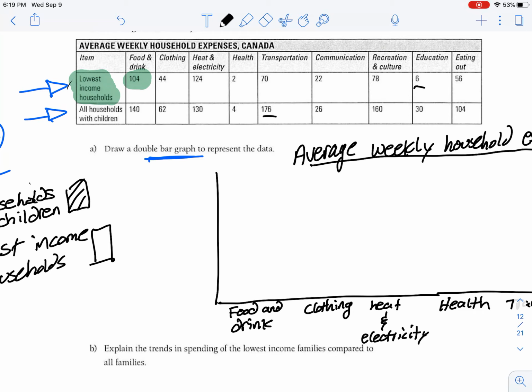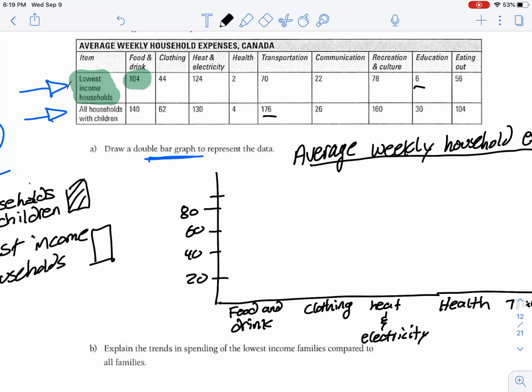The smallest number I see is 6. So I'm going to probably go up by, let's say 20. Okay, so 20, 40, 60, 70, or that's not going up by 20, oh my goodness.